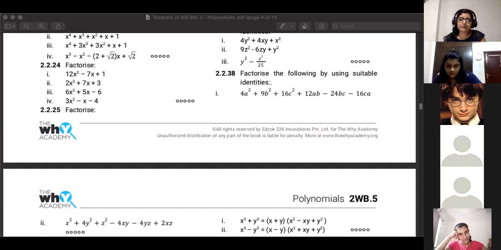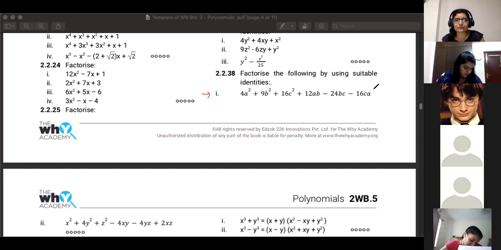So 4a squared plus 9b squared plus 16c squared, here you need to be careful, plus 12ab, minus 24bc, and minus 16ac. All of you work it out in your copy and send me the answer over chat.